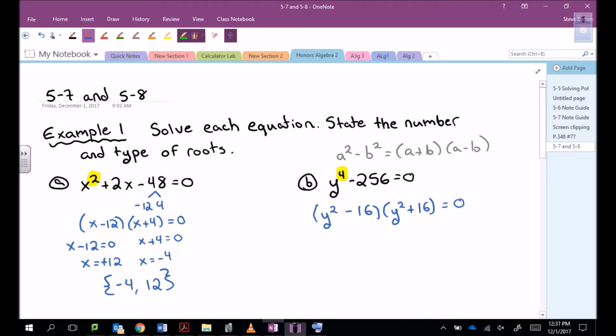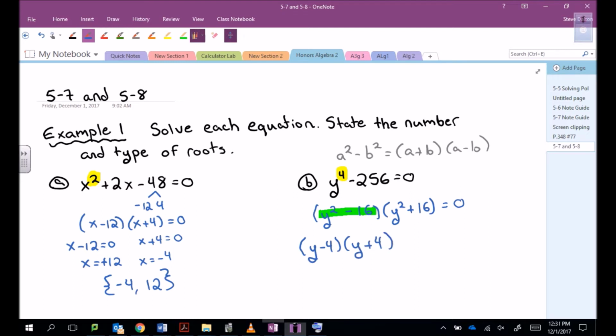Okay, and if you notice, we actually still have another special. So right here, that's still a special, so I can factor that one more time. So this becomes y minus 4 times y plus 4.